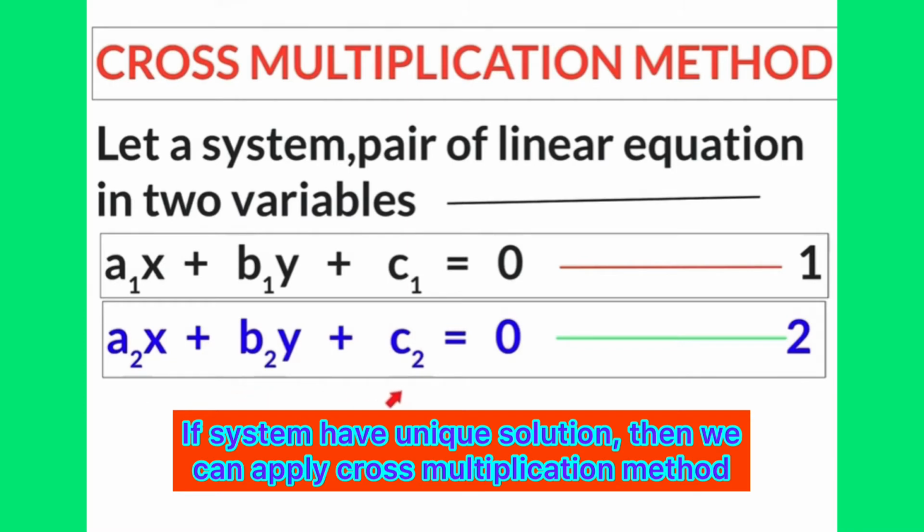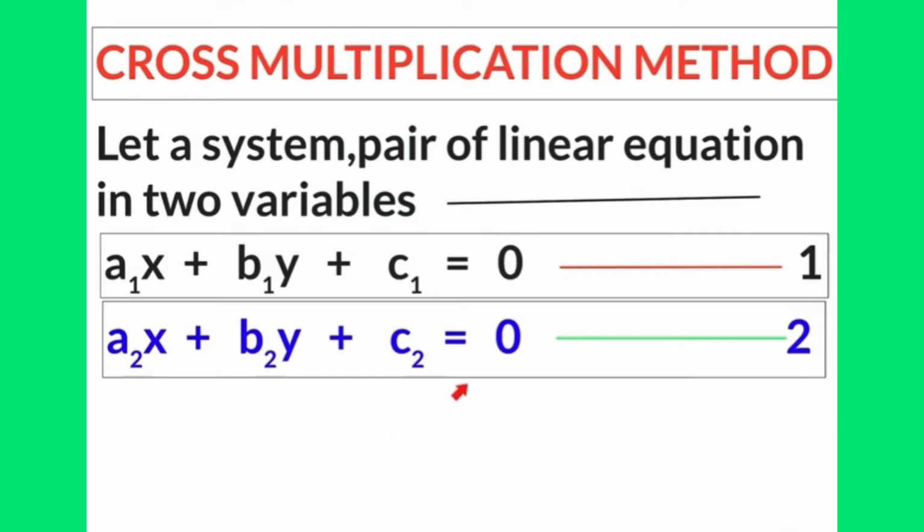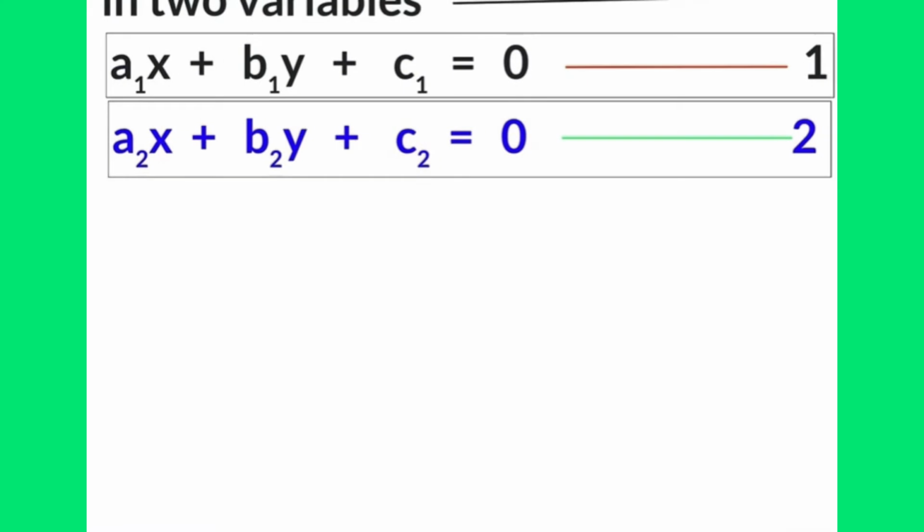So dear, how can you check that the given system has a unique solution, or that the system is consistent? For this you find the value of a1 by a2 and b1 by b2.